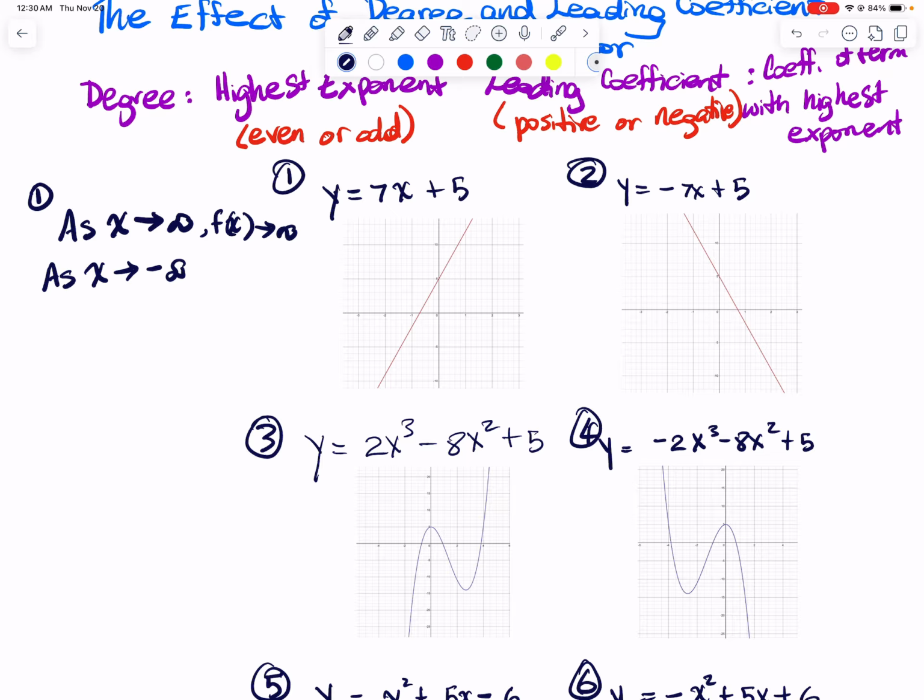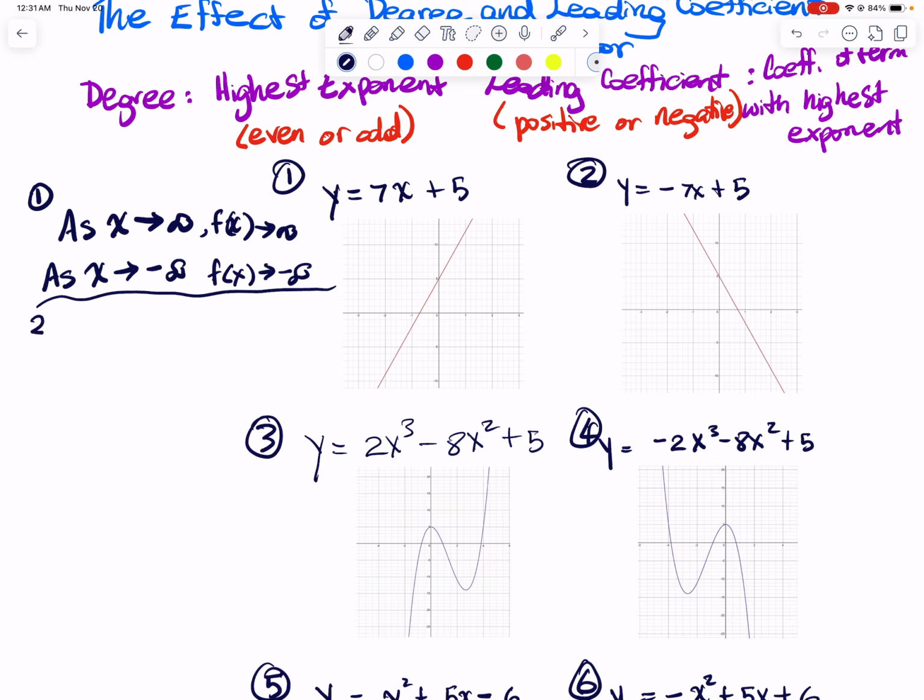So in other words, this translates to as x goes to the right infinitely, y goes up infinitely. But as x goes to the left infinitely, y is going, notice it's going down. So we would write here, f of x approaches negative infinity. All right, so that is question 1.